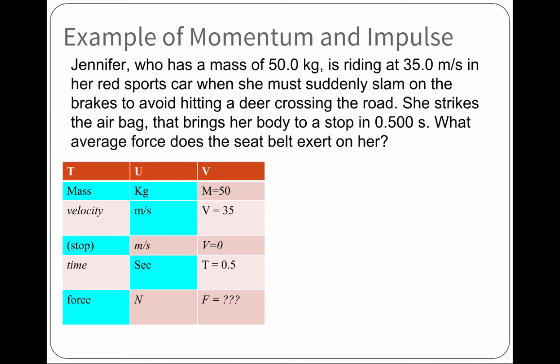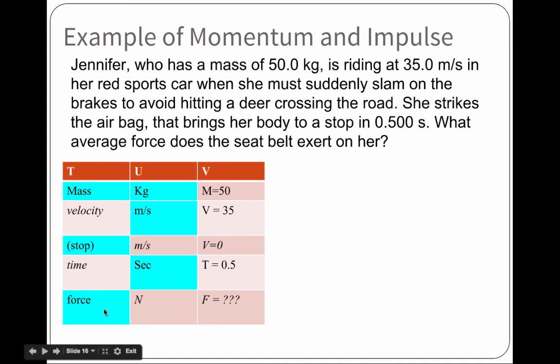She strikes the airbag that brings her body to a stop. Stop can actually be a term. Remember, because we had start and stop both being terms before. In 0.5 seconds. So what average force does the seatbelt exert on her?